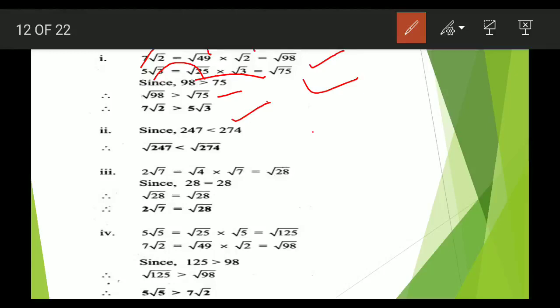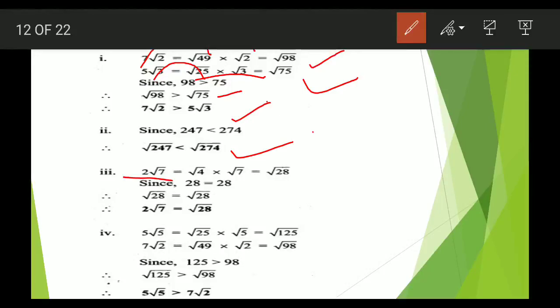By comparing, our answer is 2 root 47 is less than 2 root 70, square root of 274. Now question number 3. First number of surds, that is 2 root 7.